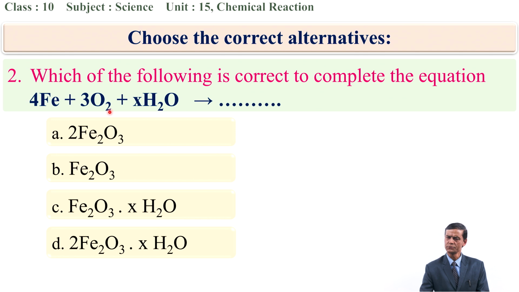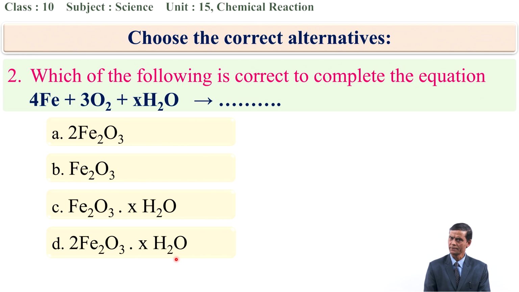4Fe plus 3O2 plus xH2O equal to, what will be the product? Remember, iron plus oxygen in the presence of moisture. I have already explained about it. Try to find which is the correct product of it. Is it 2Fe2O3, or Fe2O3, or Fe2O3·xH2O, or 2Fe2O3·xH2O?